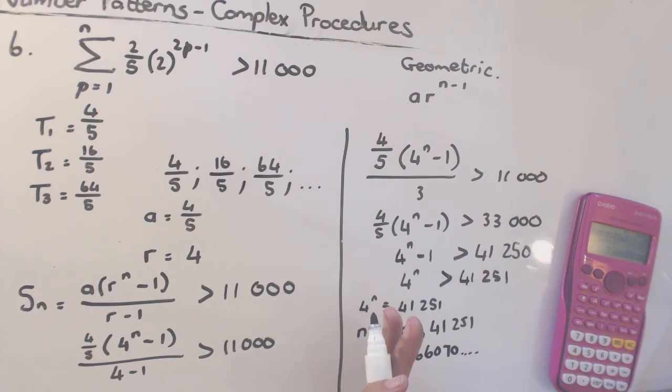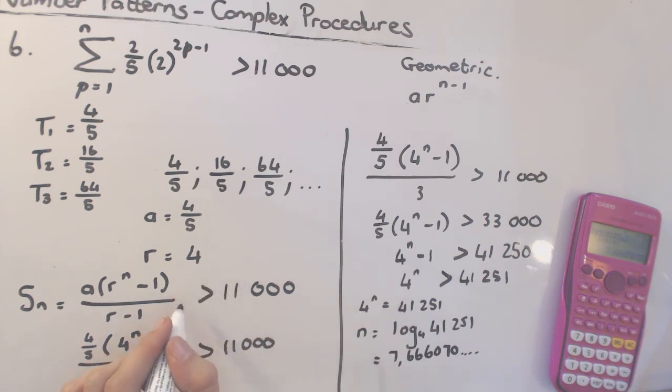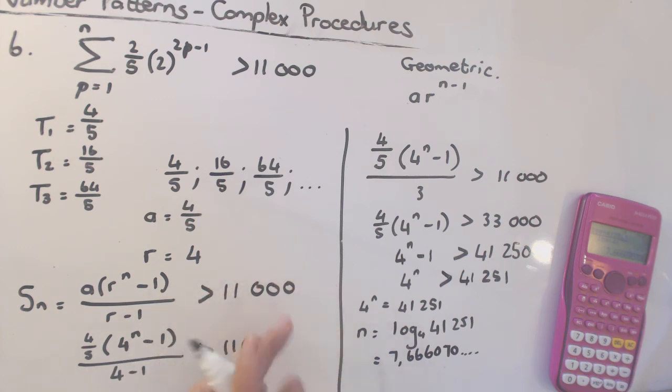So if n is 7, it's going to be a bit below 11,000. So the smallest term where it's going to be above 11,000 will be term 8, and that's the first term that's bigger than 11,000. Alright, so n is 8.